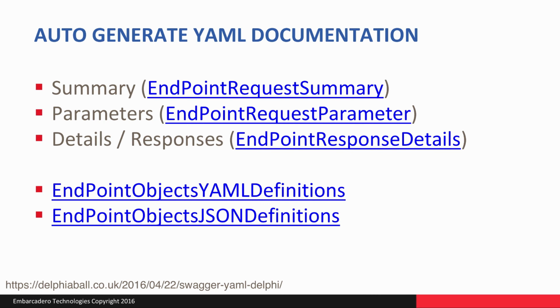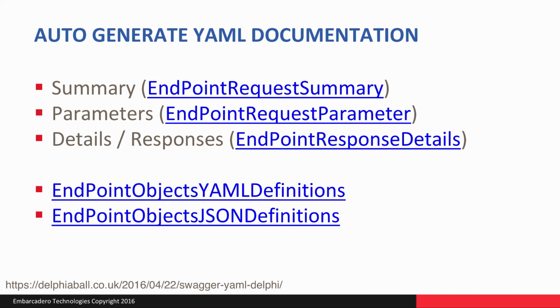There are three key attributes that you need to look for, and then two additional ones that help supplement them and make it a lot richer. The first three start with the endpoint request summary, which gives a high-level picture of what the API does. You can use it to categorize the API.